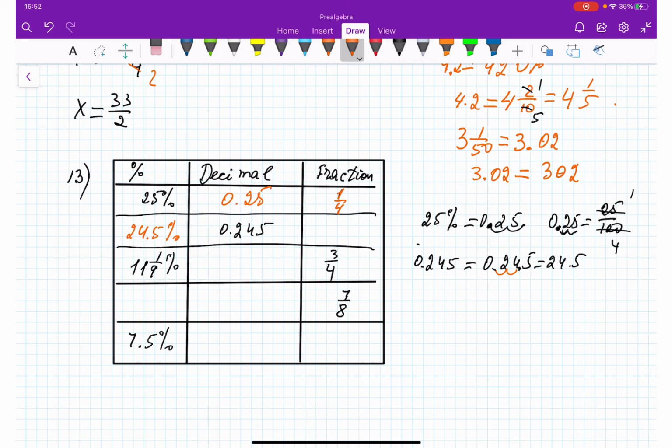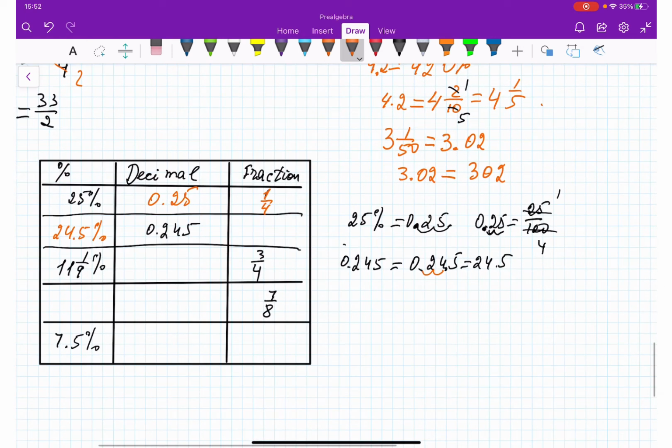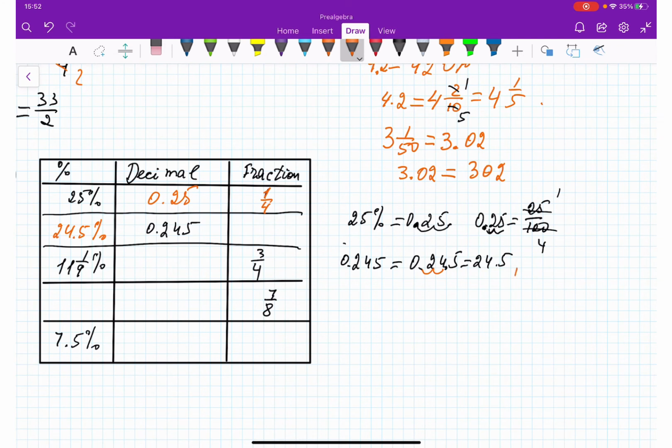And converting to fraction, what do we have? 0.245 converted to fraction is going to be 245 because we have 3 positions, 1, 2, 3, that means tenths, hundredths, and thousandths, divided by 1000.